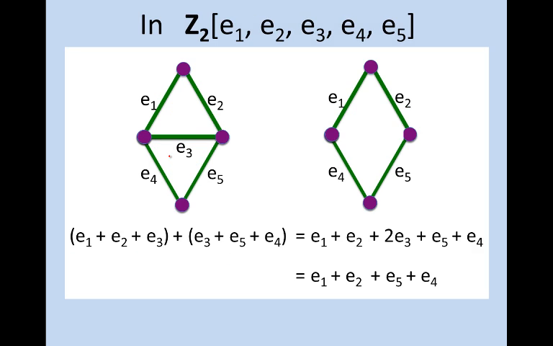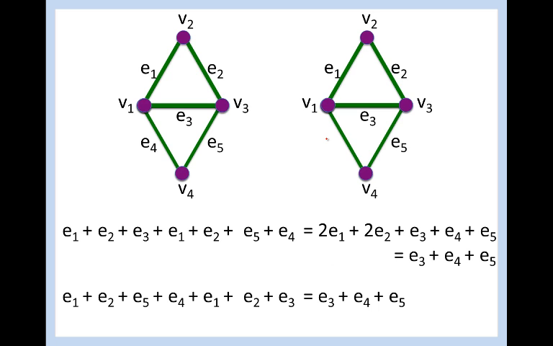With Z mod 2 coefficients and unoriented edges, the edge E3 still cancels out because I get 2 copies of the edge E3, and 2 equals 0 mod 2. So when I add together these 2 cycles, the edge E3 still cancels out, and I get the cycle E1 plus E2 plus E5 plus E4.